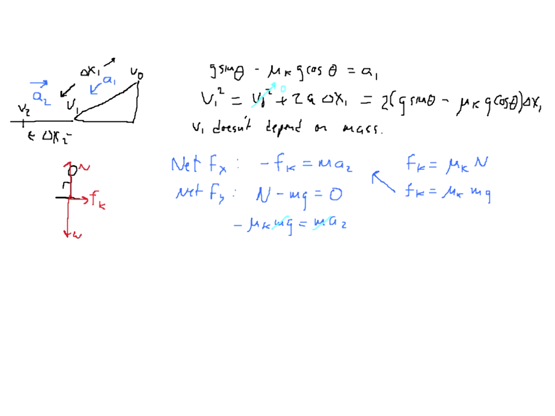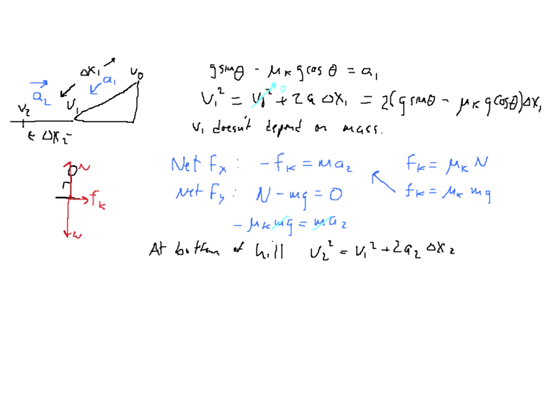So at the bottom of the hill, we had v2 squared equals v1 squared plus 2 a2 delta x2.